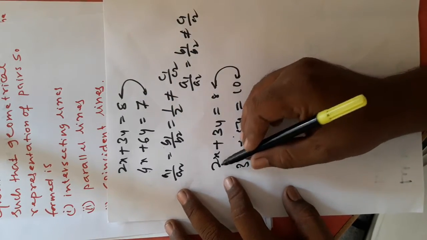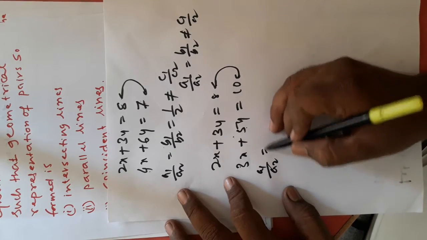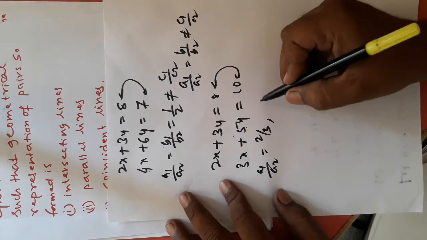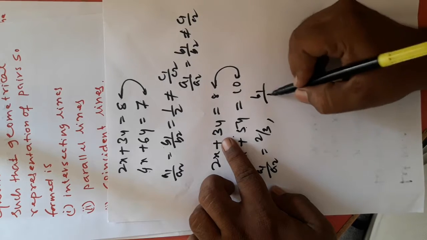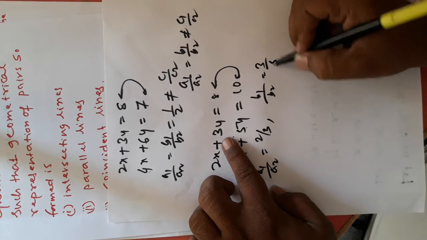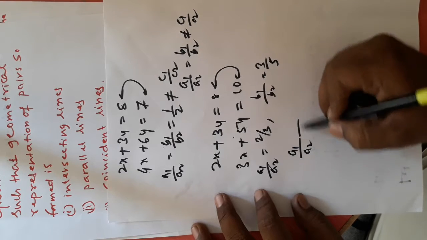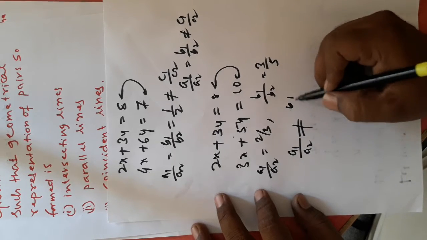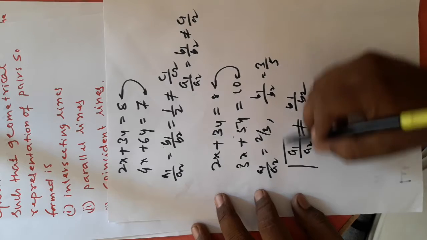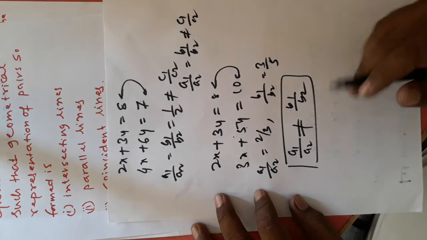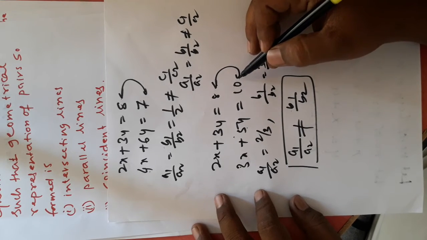If I write the equations like this, a1 by a2, you see here, this is 2 by 3. b1 by b2, you see right here, this is 3 by 5. That means the condition I satisfied is a1 by a2 is not equal to b1 by b2. Therefore, these two lines are intersecting lines.